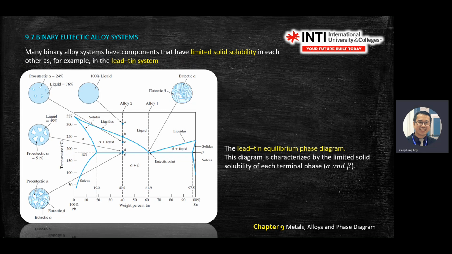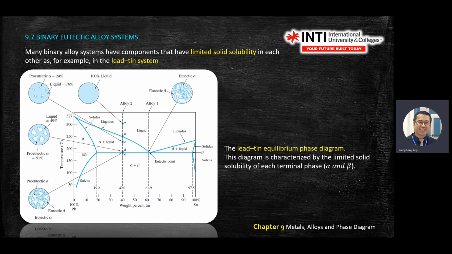So when you look at a binary system, your answer will always have a percentage of A and a percentage of B.